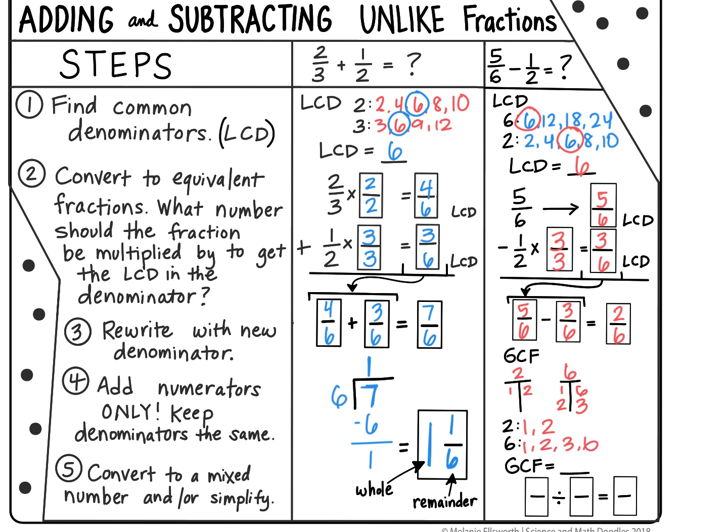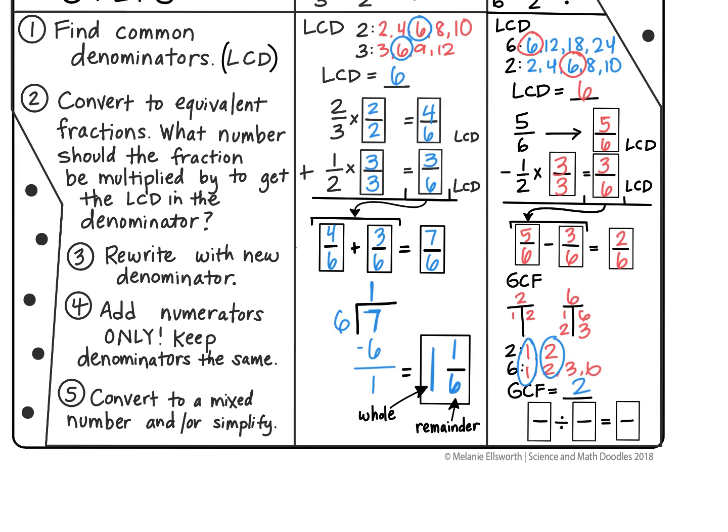And I can now see that I have 1 and 2 in common, but my greatest common factor is 2. So I will simplify by dividing 2/6 by 2. So 2 divided by 2 reduces to 1. 6 divided by 2 reduces to 3. So 1/3 is my final answer.